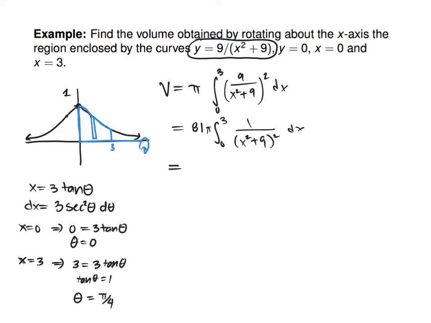Okay, so 81 pi integral 0 to pi over 4. What goes in my numerator? 3 secant squared theta d theta. And the denominator is 9 tan squared theta plus 9, squared.